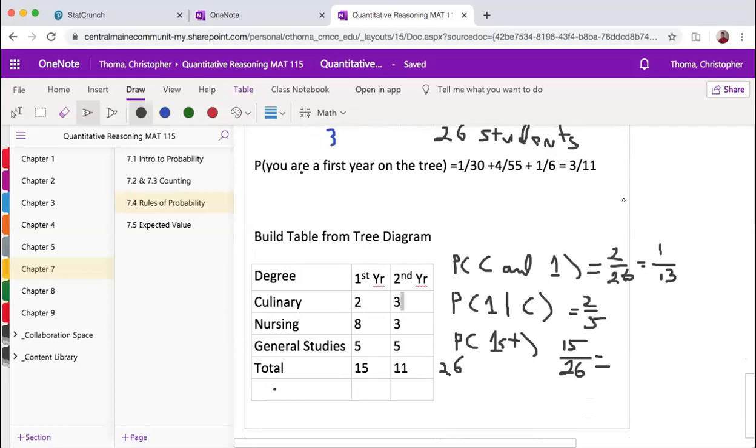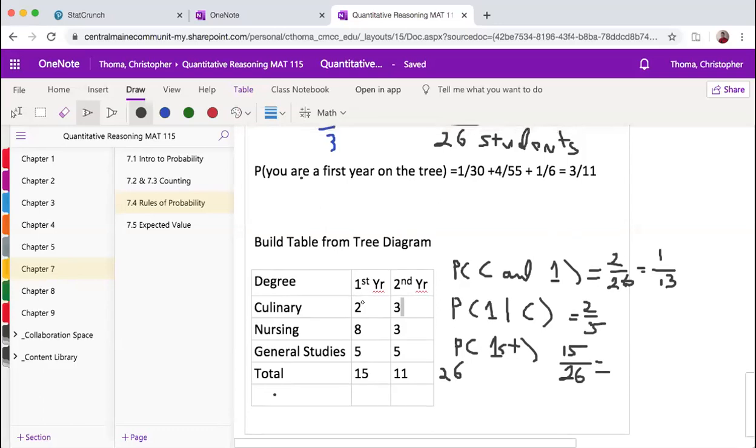But we got PS3 over 11, so there's something off here. It might be just my concept. I might be mixing these two things up, which you can't compare, but I thought you could. So I will figure that out. But this is how you're reading them differently, and it's bugging me that I'm not getting the same answer. So I missed something in my lesson here. But that's how you read them, at least, because the probability of first year means it's all of these people. So I add them up. There's my total, my success, and then over my total is still the 26.